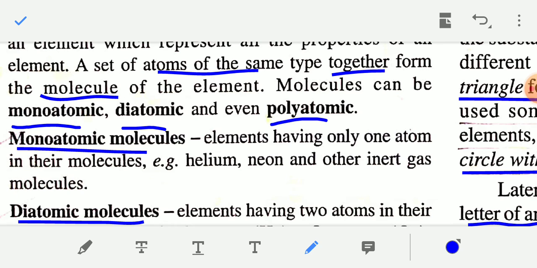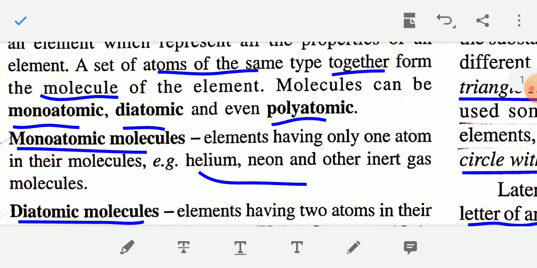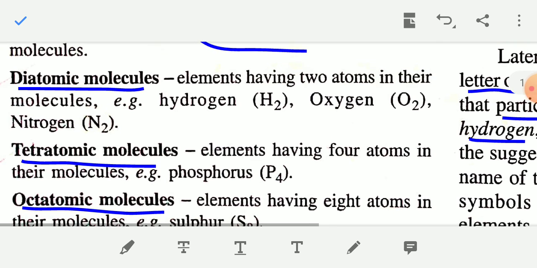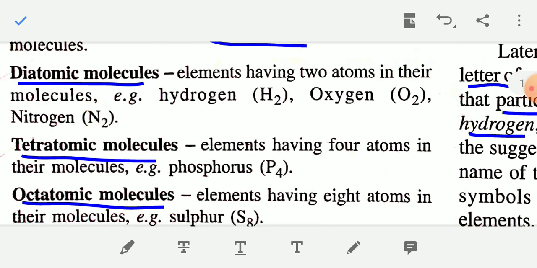For example, helium, neon, argon, krypton, these are monoatomic molecules. All the noble gases or inert gases are monoatomic molecules because they are made up of only one atom. Now second, diatomic molecules. Diatomic molecules are those molecules which are made up of two atoms.